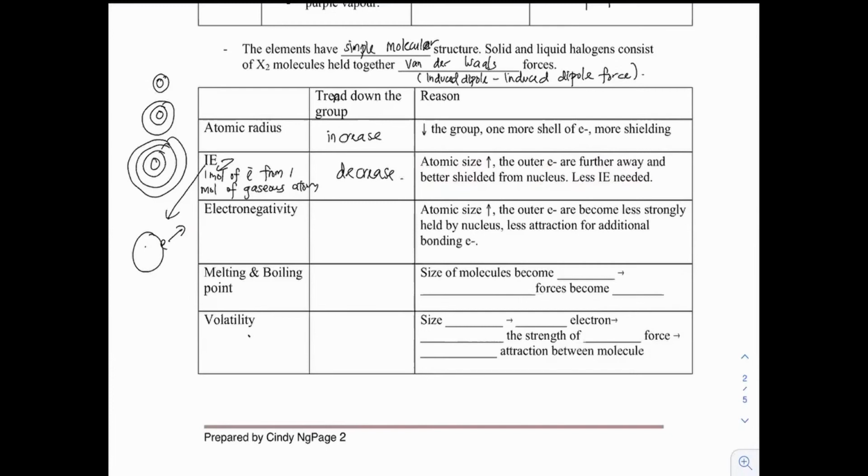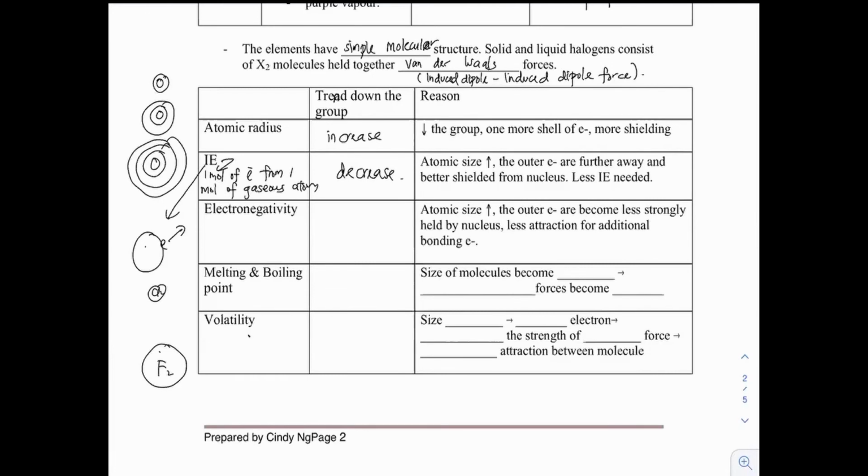Okay. For electronegativity, now I want you to write down the definition. The definition, which is worth 2 marks, is the ability to attract electrons in a covalent bond. Now we are going to compare Cl2, which is small, and I2, which is big.